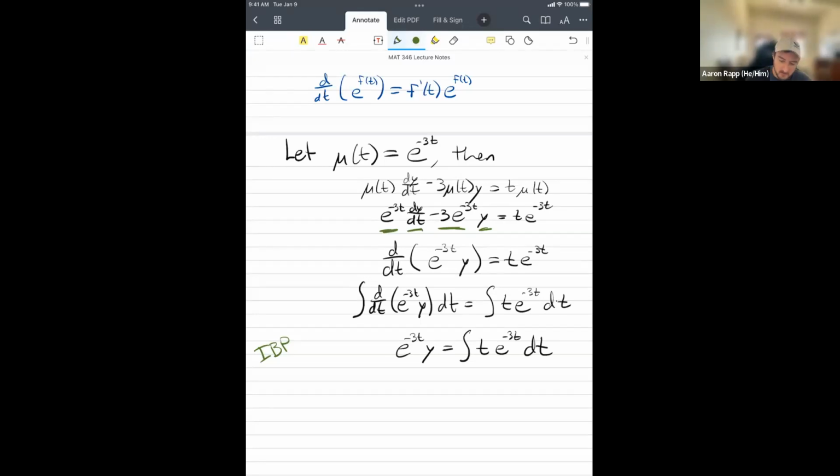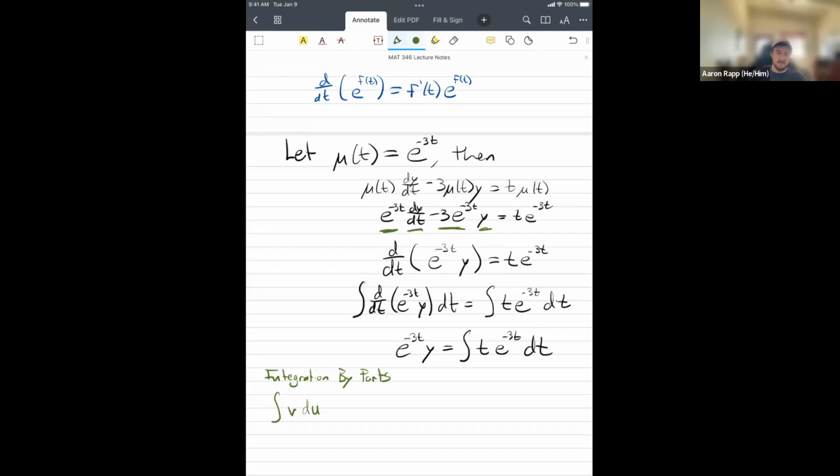Okay. Because what integration by parts allows us to do is say, hey, if I'm looking at two things, and these are for indefinite integrals. If you remember your Calc 2 very well, there's a slightly different form for definite integrals.